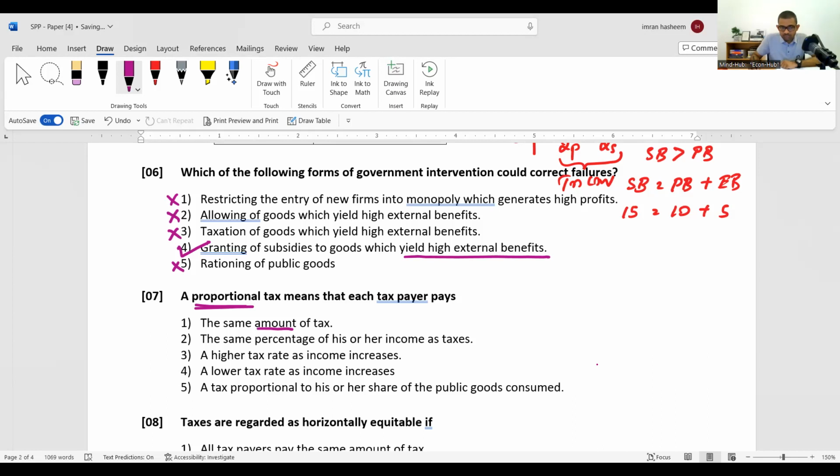Here we go: the same proportion of his or her income as tax. That's correct. Hands down, that has to be the correct answer, because it's 100% correct as a technical point. Higher tax rate, lower tax rate, a tax proportional to his or her share of the goods: all of this is good, well-written nonsense. Correct answer number 2.